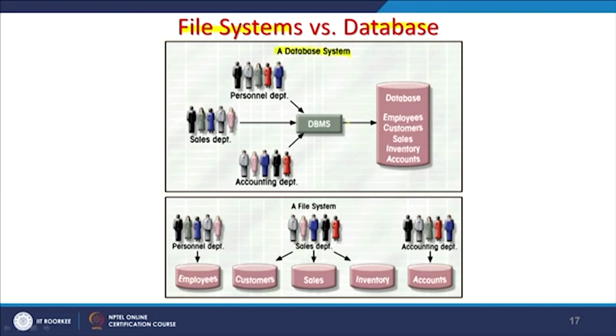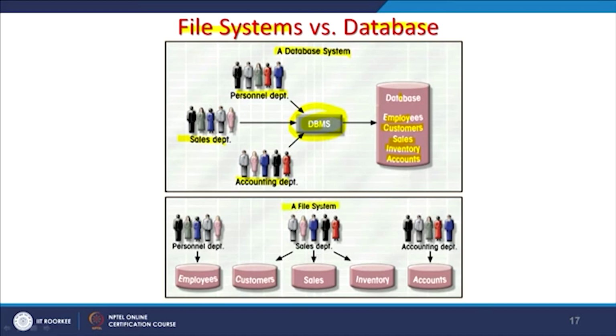In a nutshell, if we discuss file system versus database: in a database system we have a centralized database management system, and every inventory or related data is in the database. Different departments may work independently, but they are all connected with one database management system.